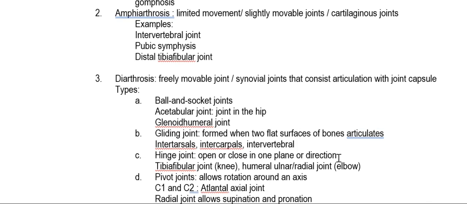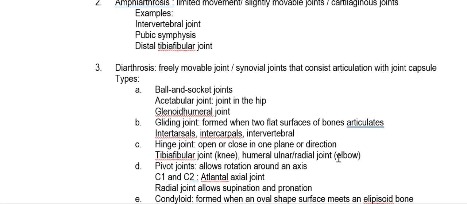And next is your pivot joints, allowing rotation around an axis. We have your atlantoaxial joint, the C1 and the C2, which enable you to carry heavy objects. Your Atlas, the strongest man in the world. And the radial joint allows supination and pronation.